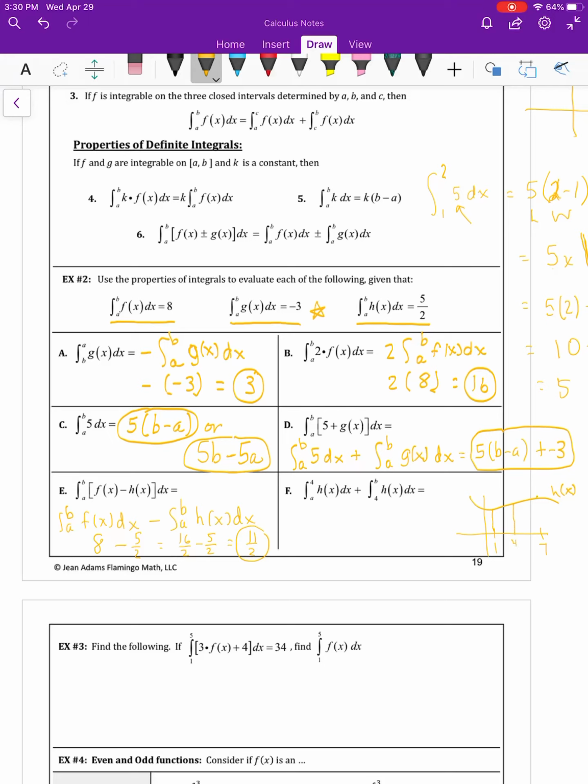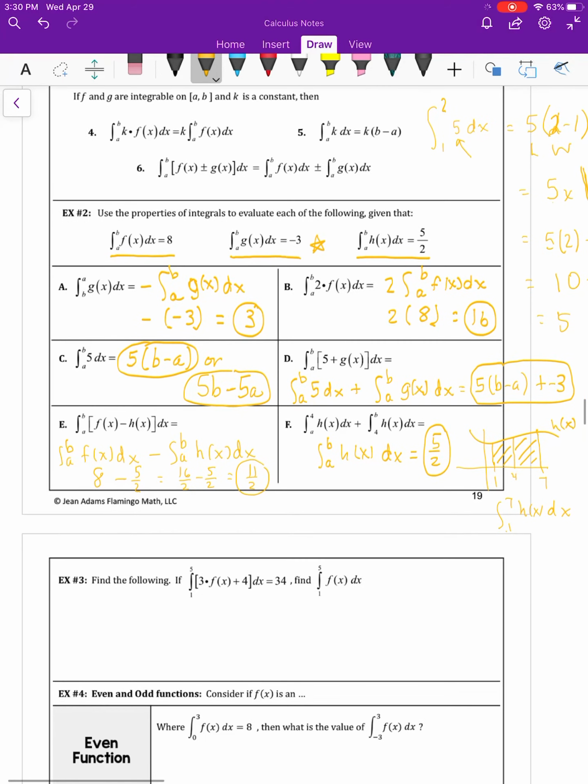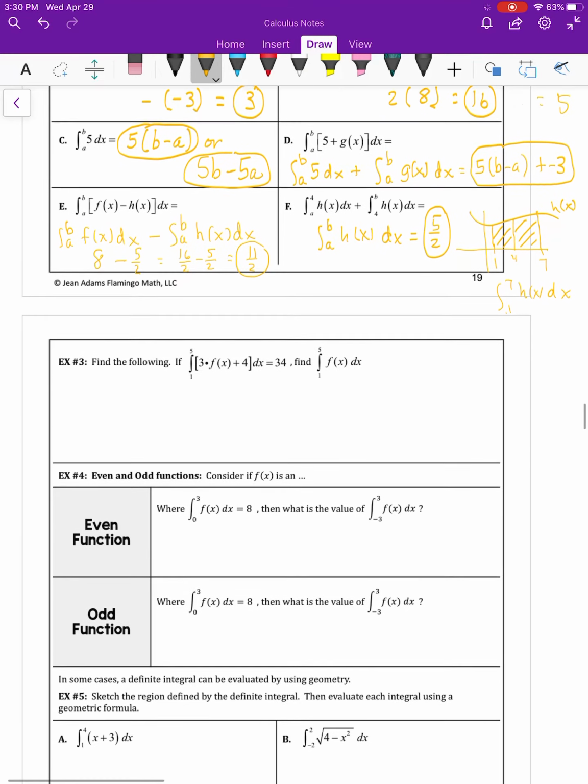So what they're saying is that, hey, if I broke this up at 4, here's my integral from 1 to 4. Here's my integral from 4 to 7. That's going to be equivalent to my integral from 1 to 7. So here, this is going to be equivalent to my integral from a to b. And that one, they told us, was 5/2. So that is our answer for that one.